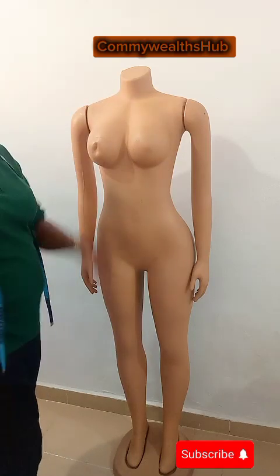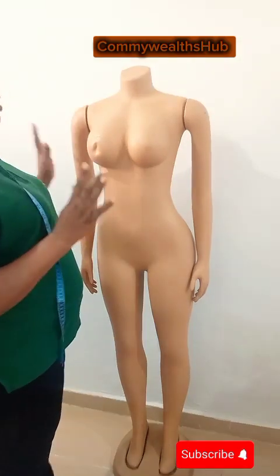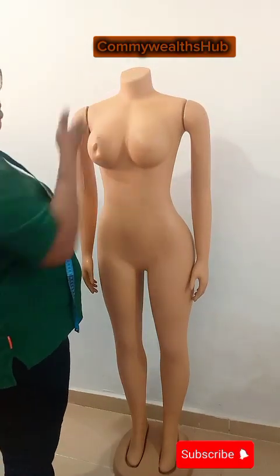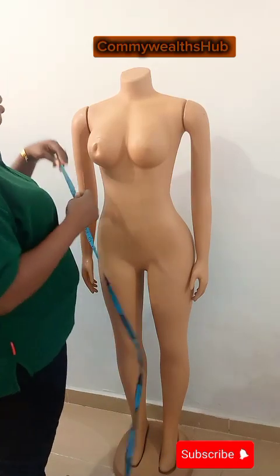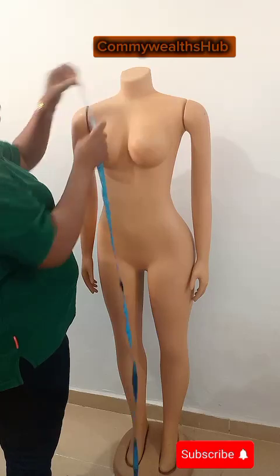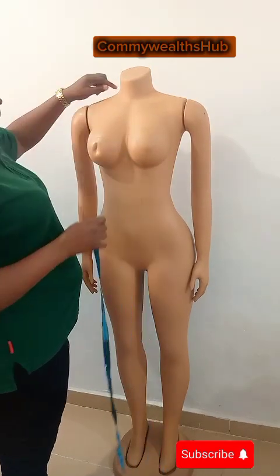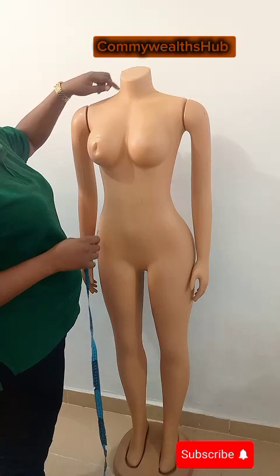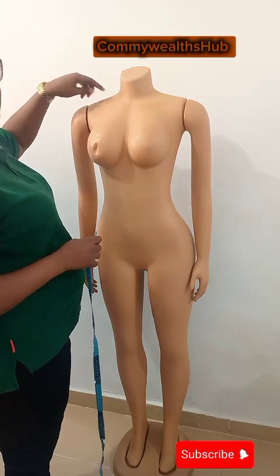So now let's start with the vertical body measurement. I said it's this way, right? In the standing position. Now, we have what we call shoulder to bust point. When you want to position your tape rule, ensure that you know there is a middle point on our shoulder. So that middle point on our shoulder is where you position your tape.